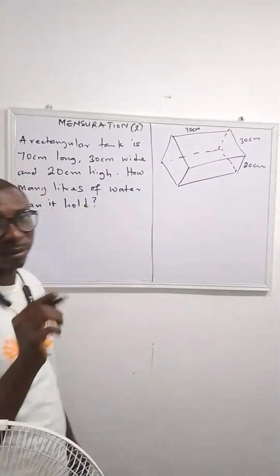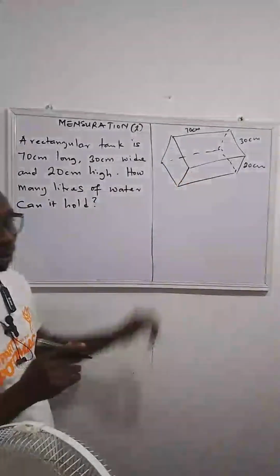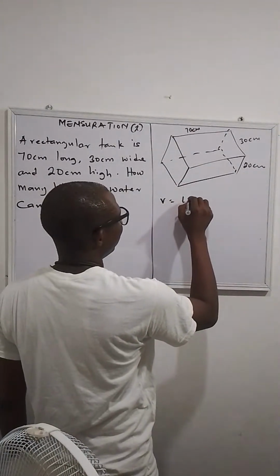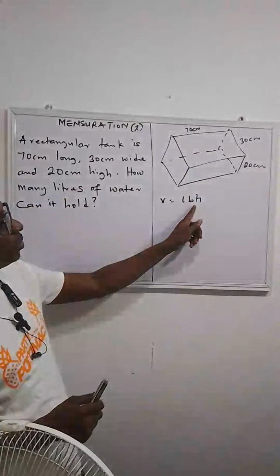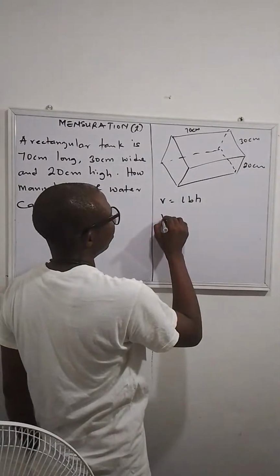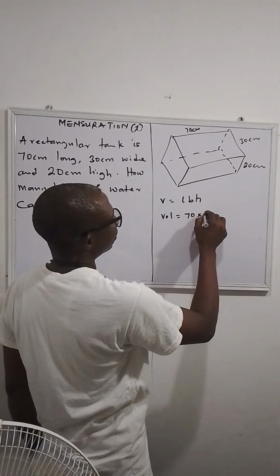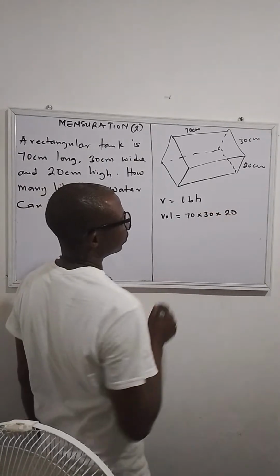Now don't forget the formula for finding the volume of a cuboid. This is a cuboid, so the formula is V equals LBH: the length, the breadth, and the height. Let's plug in the values. We have the volume equals 70 times 30 times 20.